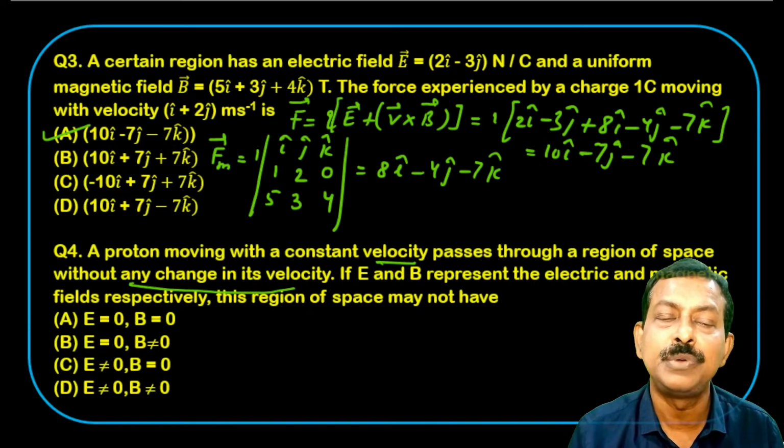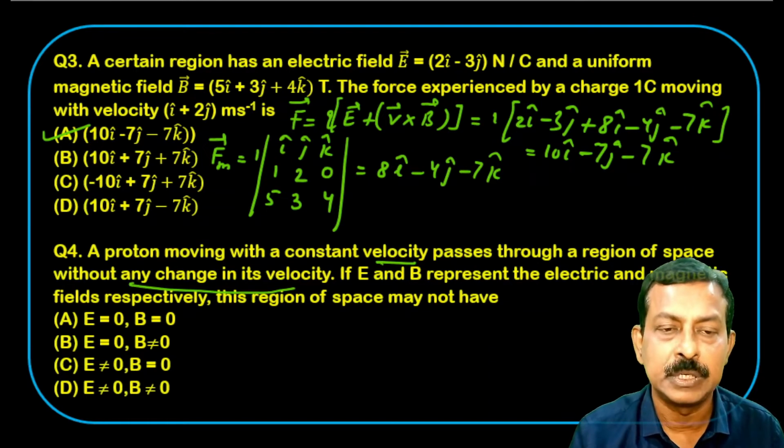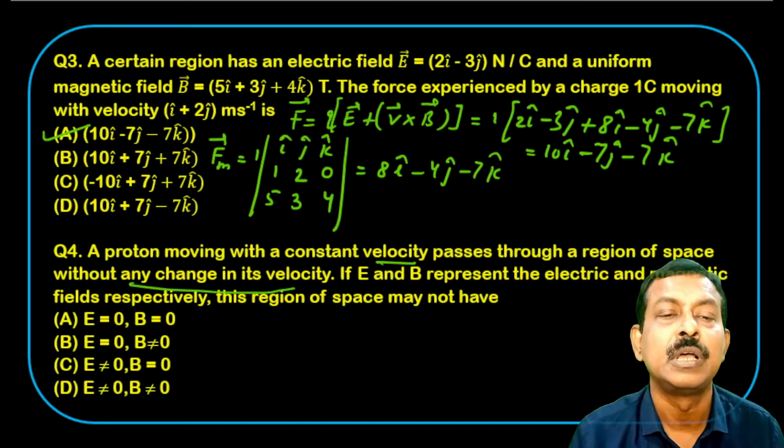So if electric field is not there, magnetic field is not there, in that case it will not be experiencing any force. But here it is given that the region of space which may not have.